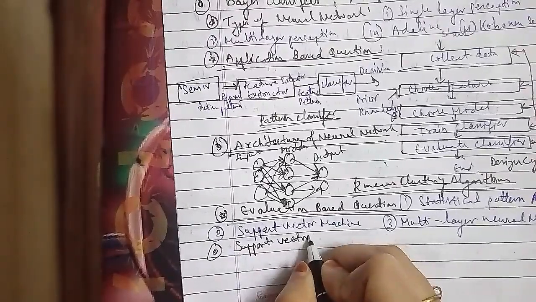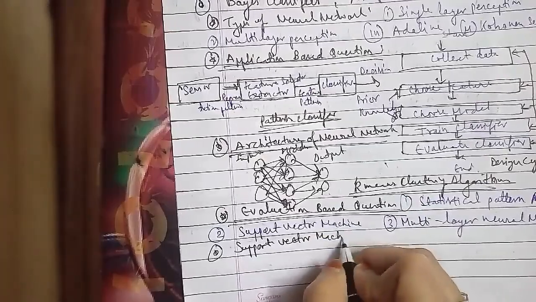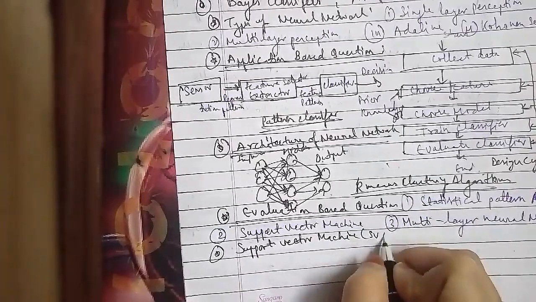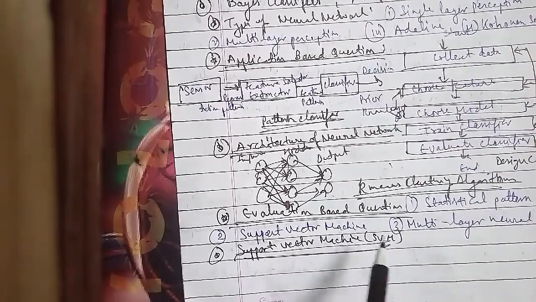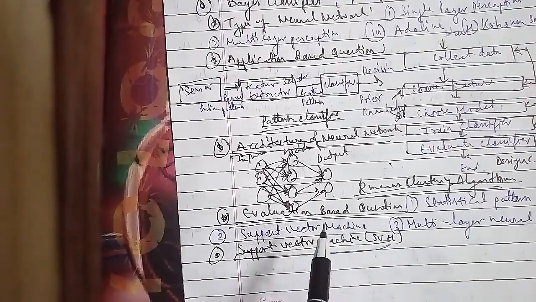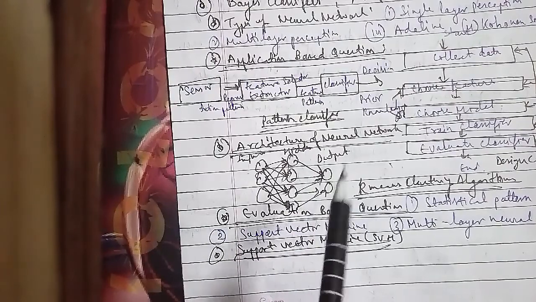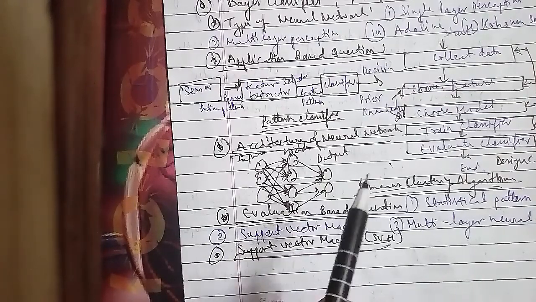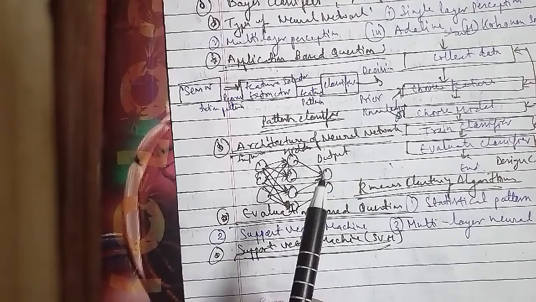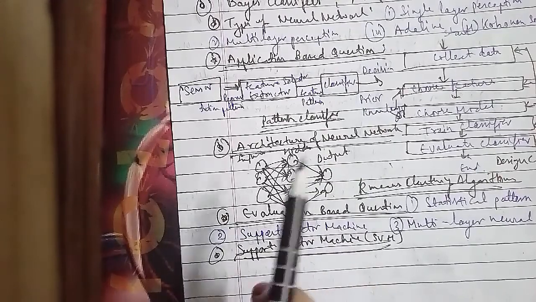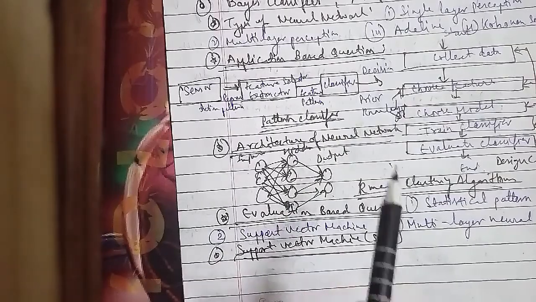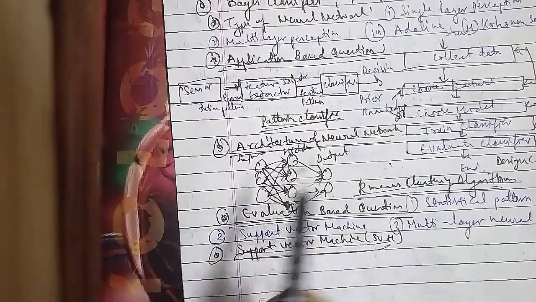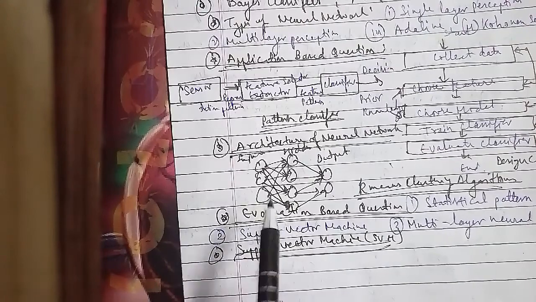Another question is to discuss the various types of models of parallel algorithm with an example. The first is the data parallel model.